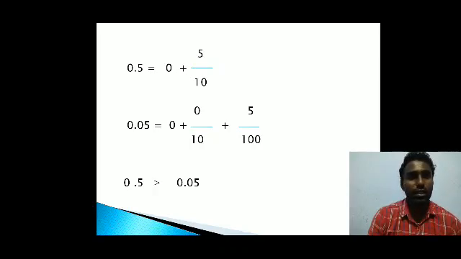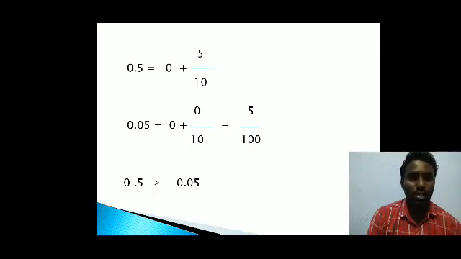So which one is greater? 5 by 10 is the greater, right? If you move to the next one also, 5 by 100 is given, and there is no digit in the first one, that's 0 by 100. So we cannot say 0.05 is greater.